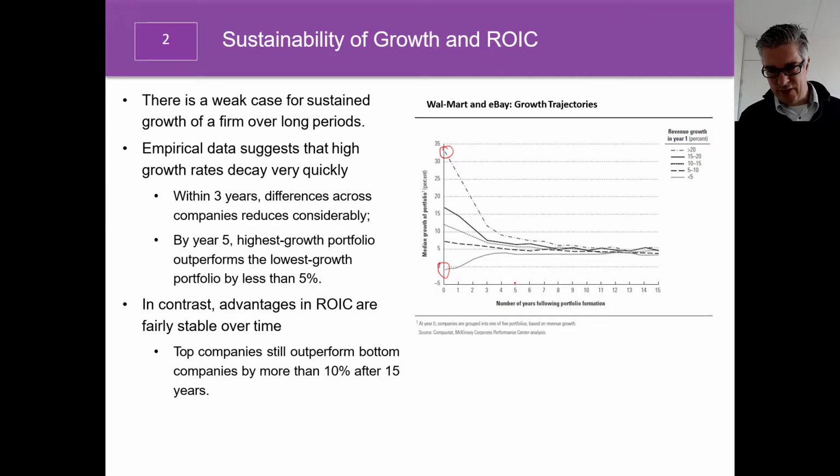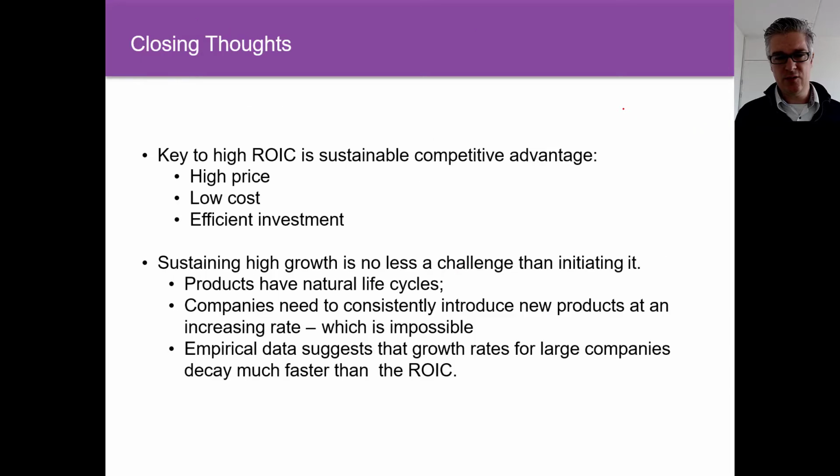But after, let's say, 5 years or so, the difference is closer to 5%. So even companies that are growing by a lot right now will typically see their growth peter out over time, because at a certain point the market is just saturated. If you're going to model growth in your valuations, keep in mind that at a certain point everyone goes to stable growth. You can't sustain high growth forever.